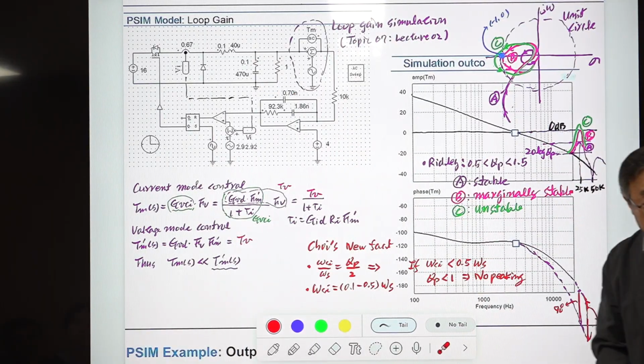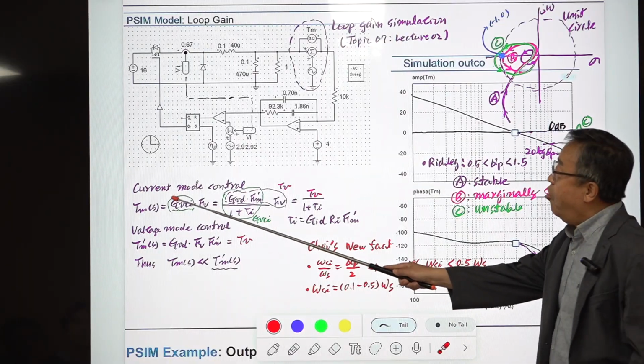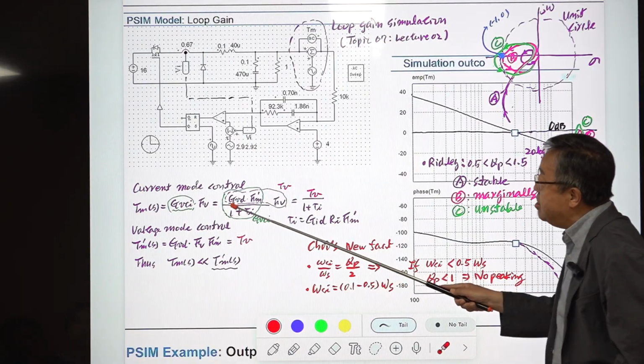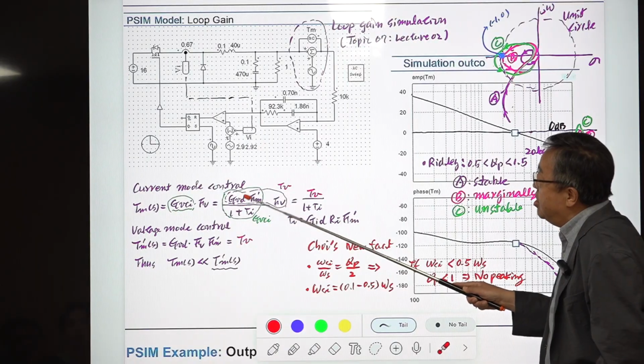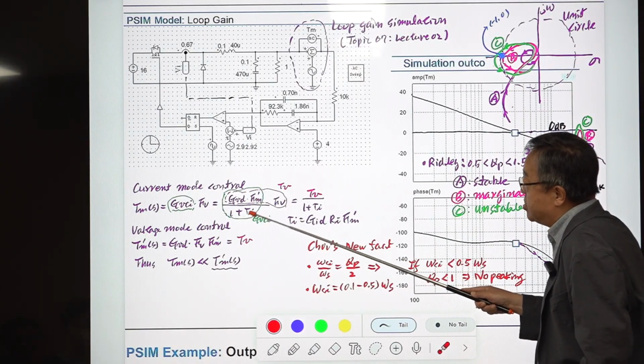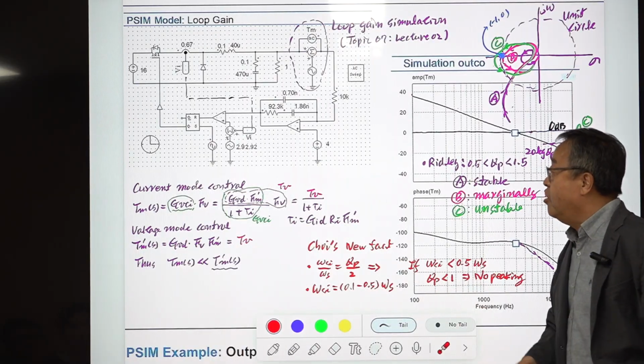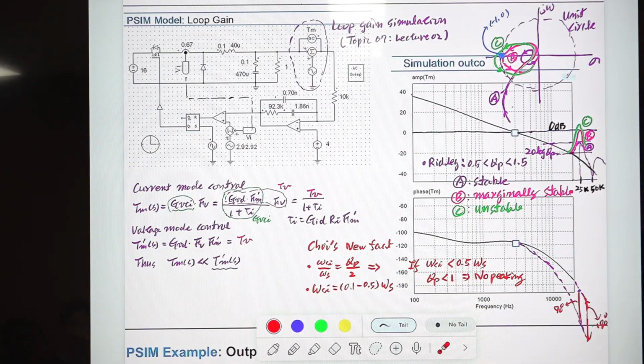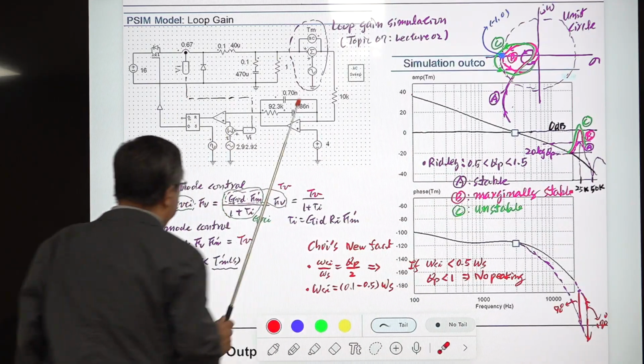The expression of this GVCI is GVD times FM prime divided by 1 plus TI. This is derived using Mason's gain rule from the previous small signal model with the current loop closed.